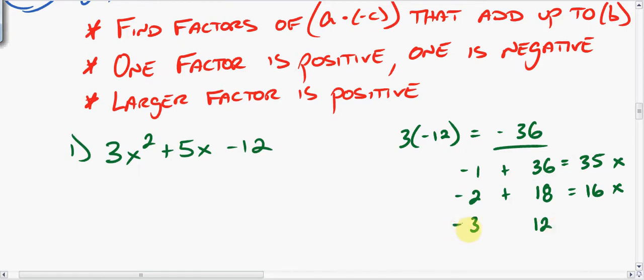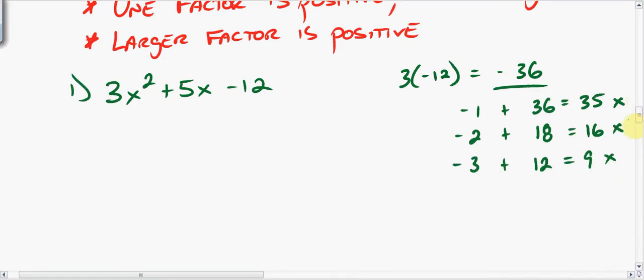Remember, larger factor is positive, smaller is negative, so negative 3 plus 12 gives us positive 9. Closer to 5, still not there. So what about 4? Does 4 go into 36? It does. 4 goes into 36 9 times. So we've got negative 4 plus 9 gives us, hey look, 5. That's what we want. So our factors here that we're interested in are negative 4 and 9.